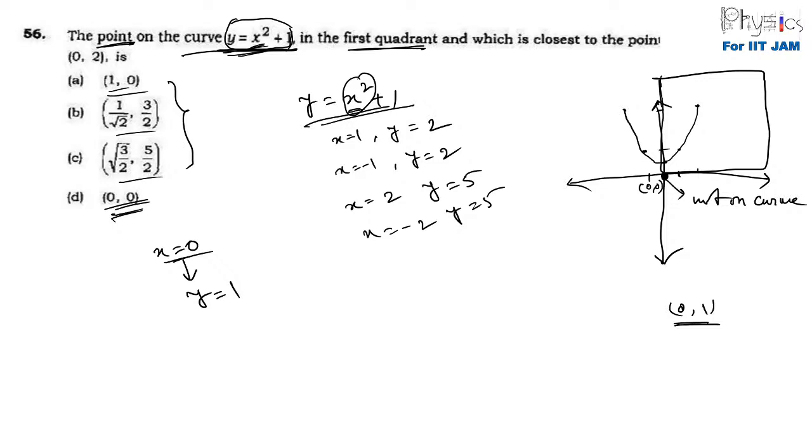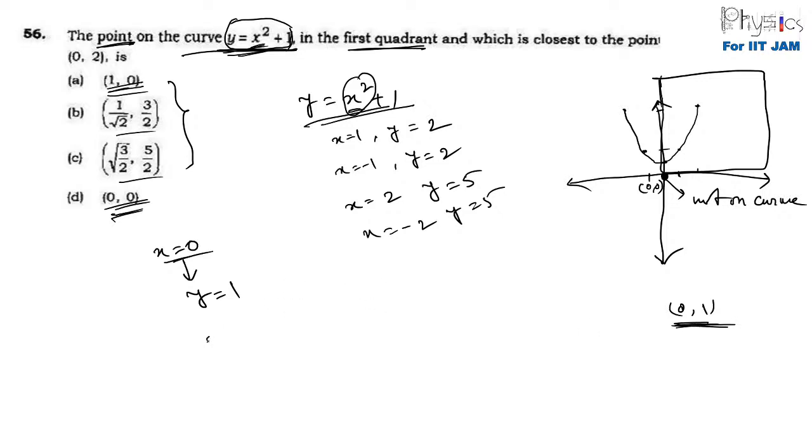Okay, but which is the closest point? Okay, see, here (1, 0), again this point is not on the curve, because it is not (0, 1), this is (1, 0).